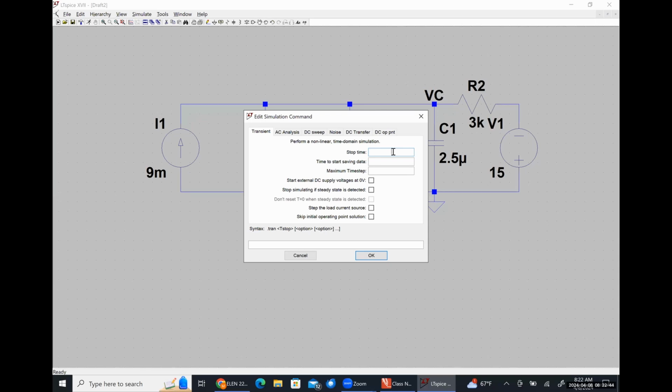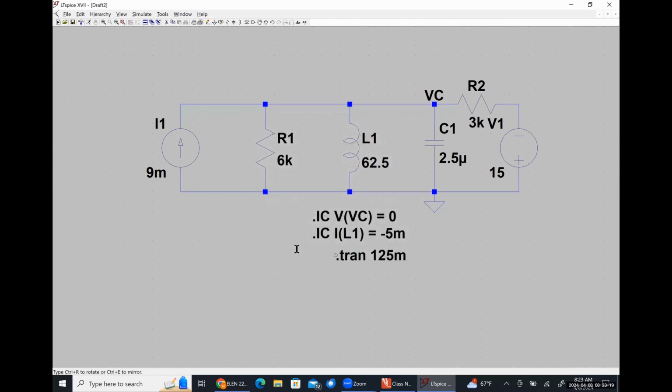I'm going to base that guess on the smaller of my natural frequencies. So S1 was negative 40 per second. So I'm going to do 1 over 40. So the reciprocal of that eigenvalue is 25 milliseconds. So let's run this for 125 milliseconds, because that should be enough time, I believe, for things to settle down. And we can always go back and adjust things.